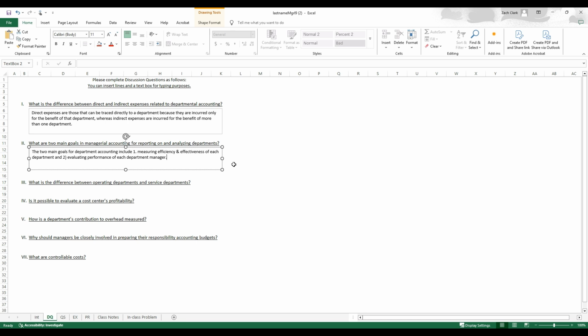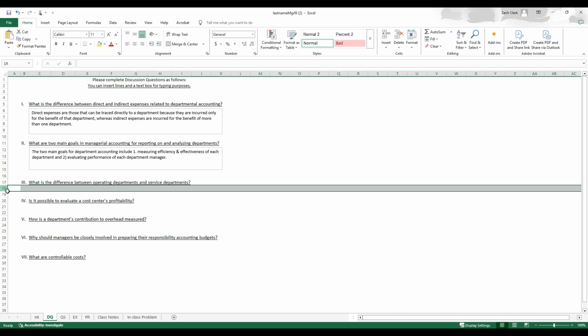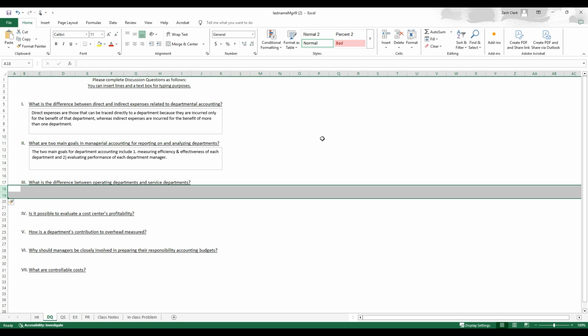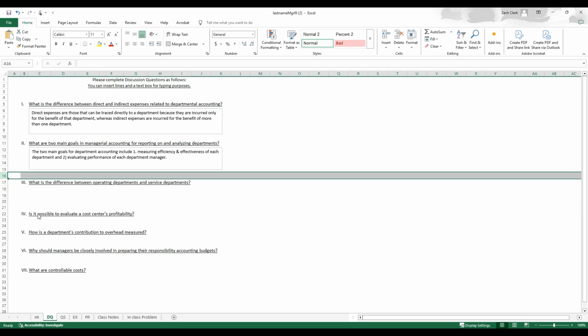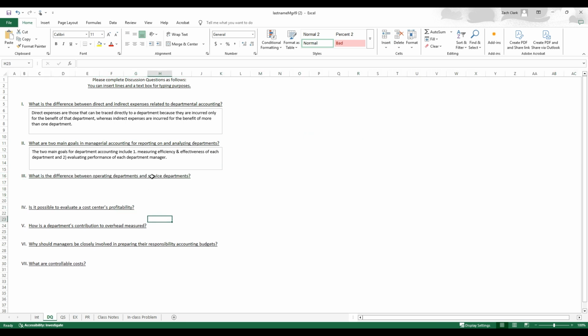So again, to that idea of having a department manager or supervisor, we're going to want to be able to look at those departments and see, both from a manager perspective and just overall department perspective, how is the department performing? How is it performing against other departments? So on and so forth.